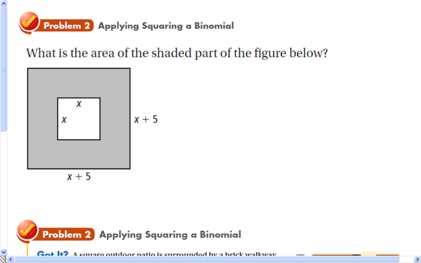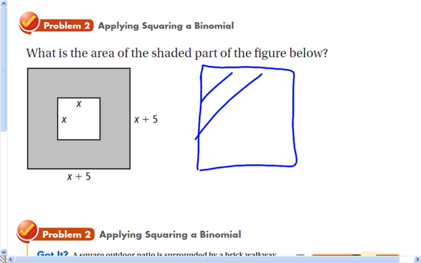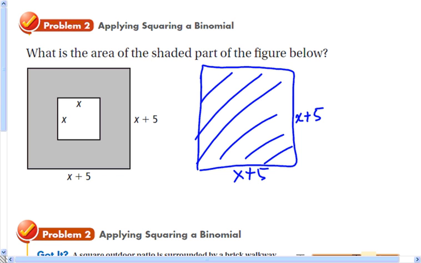All right, so we can use that idea to solve some problems. Here, what we end up having is a square inside a square, and we want to know the area of the shaded part. And what we can think about is, what if we got the area of the whole great big square with the dimensions x plus 5 and x plus 5, and then we subtract the area of the smaller square, which has dimensions x times x.